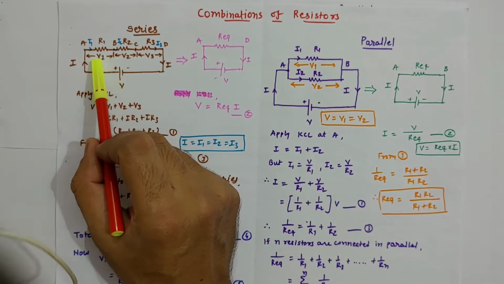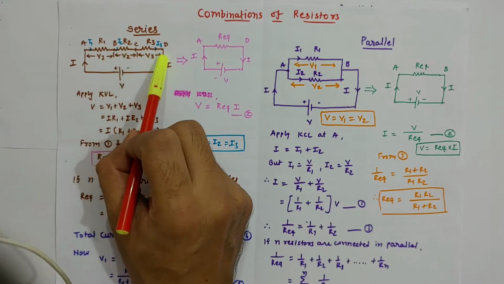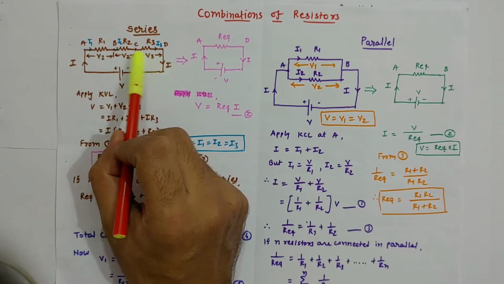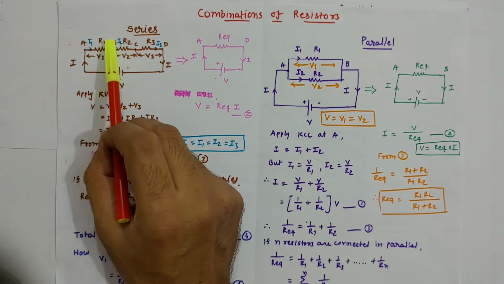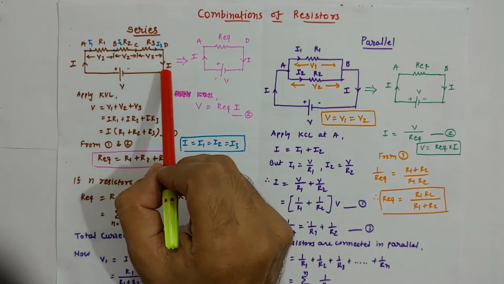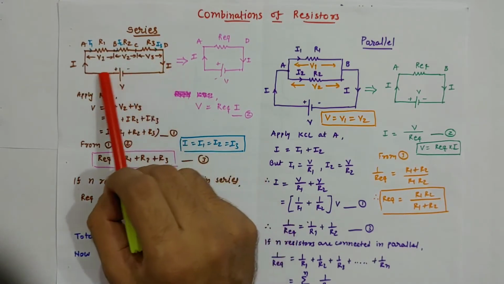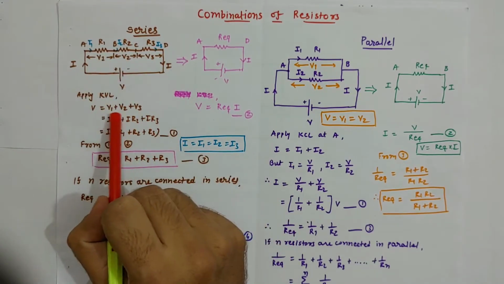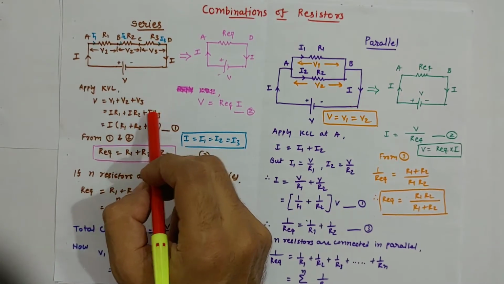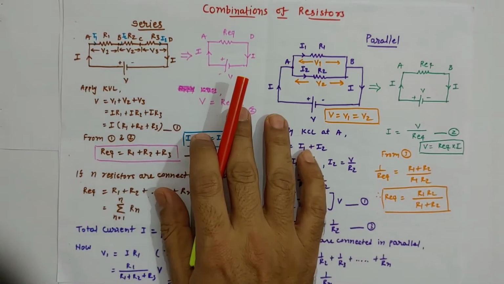So in a series combination of resistors, each resistor has a different value of voltage across it based on the value of its resistance. When we apply KVL to this circuit diagram, we get the equation V equals V1 plus V2 plus V3.